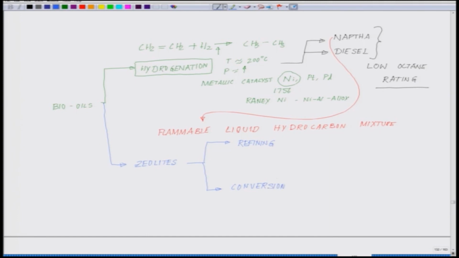While I was writing conversion, you must have seen I put something called olefinic gas. What is olefinic gas?